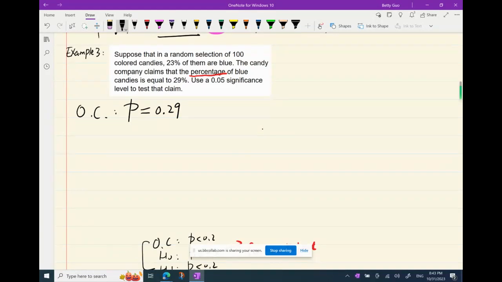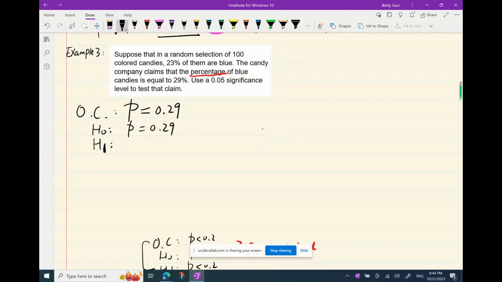That's the original claim in symbolic form, and based on it we can find our null and alternative. Remember, the null always contains equal. In this case the original claim and the null are the same, so p equals 0.29. That's the null.